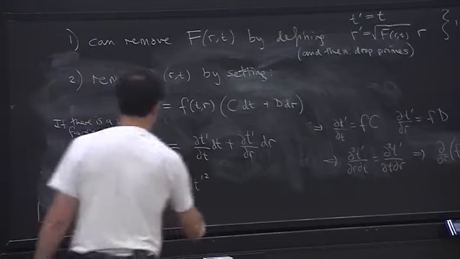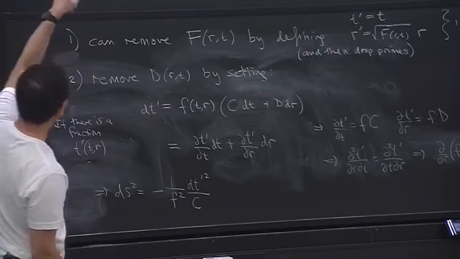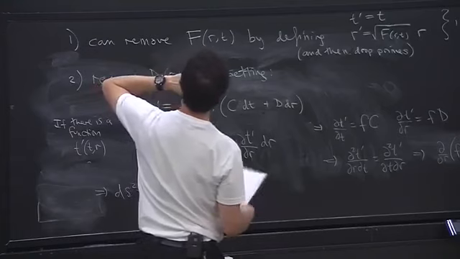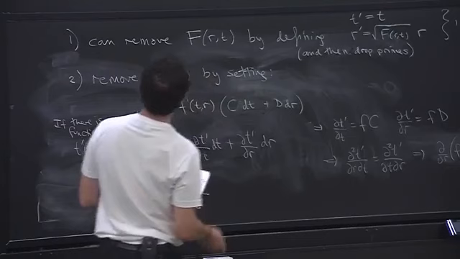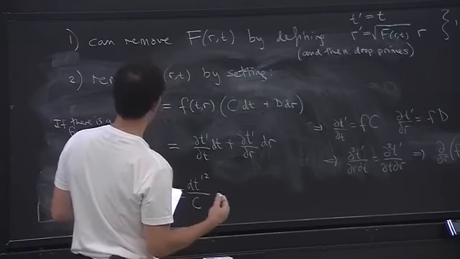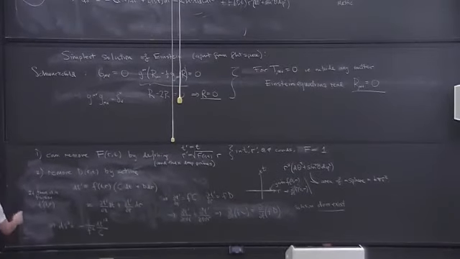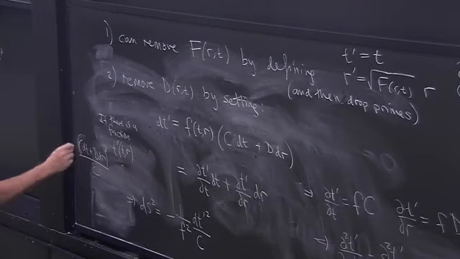I better divide it by c so that I get the right coefficient for the dt squared term. Now I'm going to get a cross term, which is, let's work this out. I hope this works. Minus, so this term amounts to c dt plus d dr squared over c. So with a minus sign.